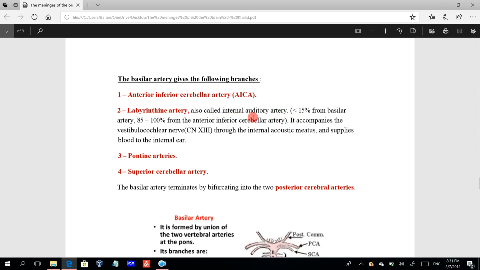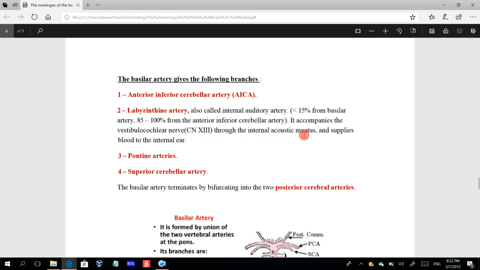In less than 15% of cases, the labyrinthine artery arises from the basilar artery. In 85 to 100% it arises from the anterior inferior cerebellar artery. This labyrinthine artery accompanies the eighth cranial nerve, the vestibulocochlear nerve, through the internal acoustic meatus.